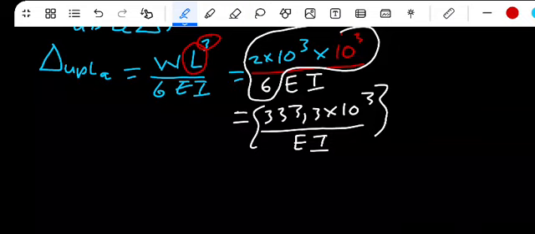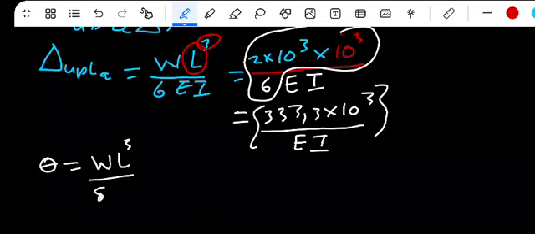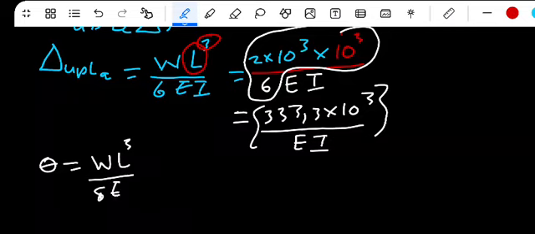So let's try and calculate that angle. If you want the slope, it will be W L cubed divided by 6 EI. No, it cannot be big, it must be small, since it's an angle.